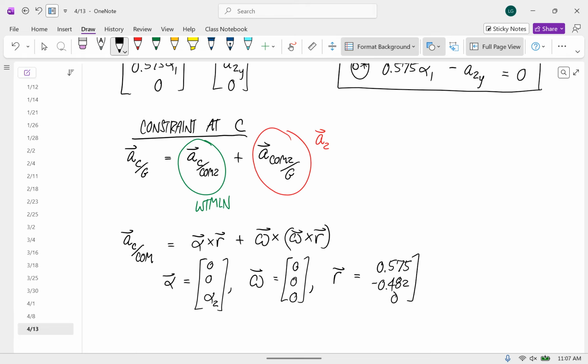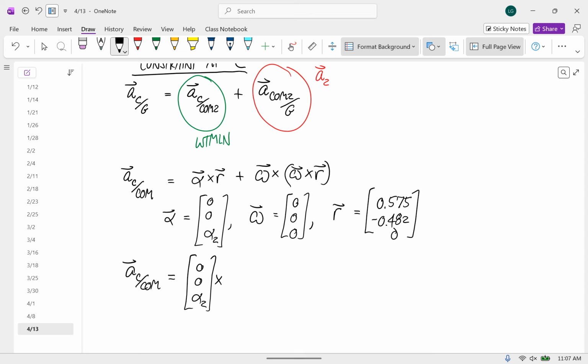And so the acceleration of C relative to the center of mass is equal to 0, 0, alpha 2 cross 0.575, negative 0.482, 0, plus this stuff that goes away.